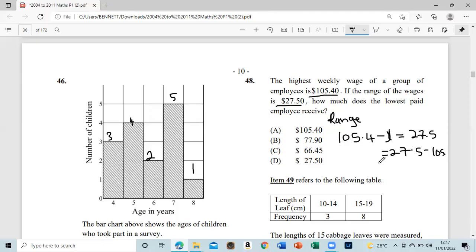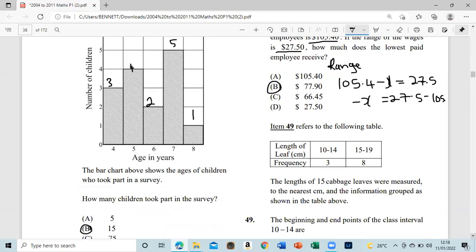You could also add a number and see which one gives it. So negative x, 105.4 minus 27.5, that's 77.90. So that's B. You guys can use a calculator, remember that.